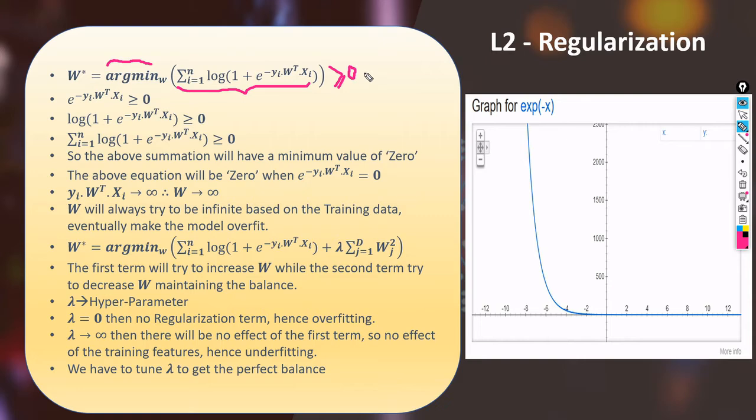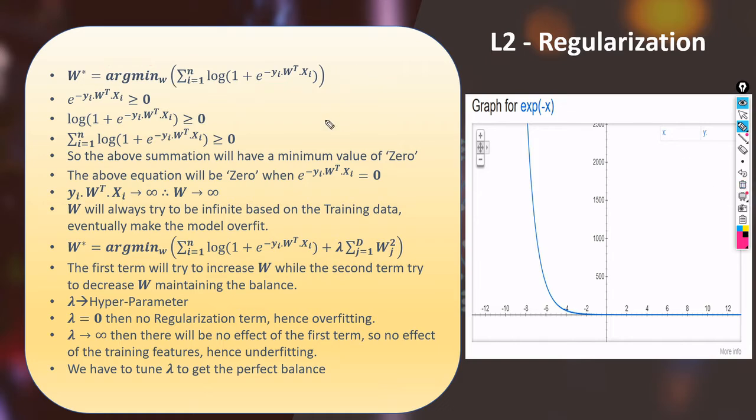It cannot be negative. So the minimum value of this summation is 0, and that is the best minimum value we can get. Our optimization problem will try to reduce that summation to 0, because that is the most minimum value we can achieve.